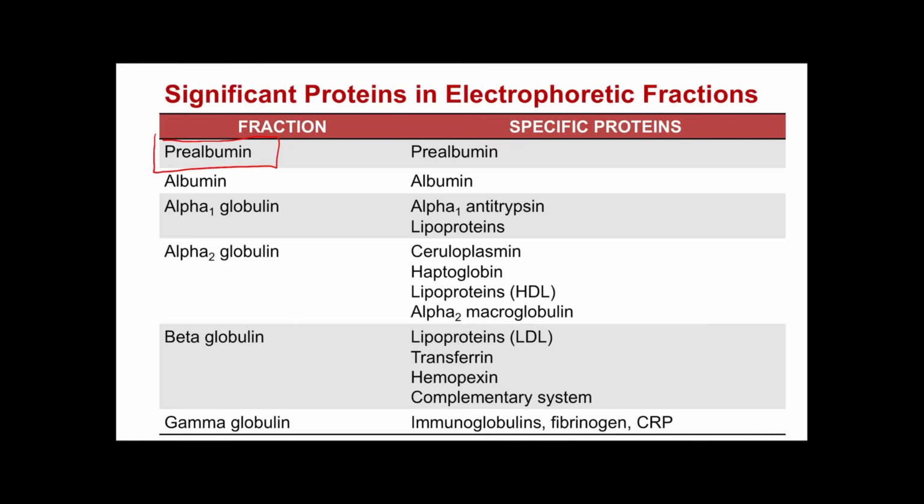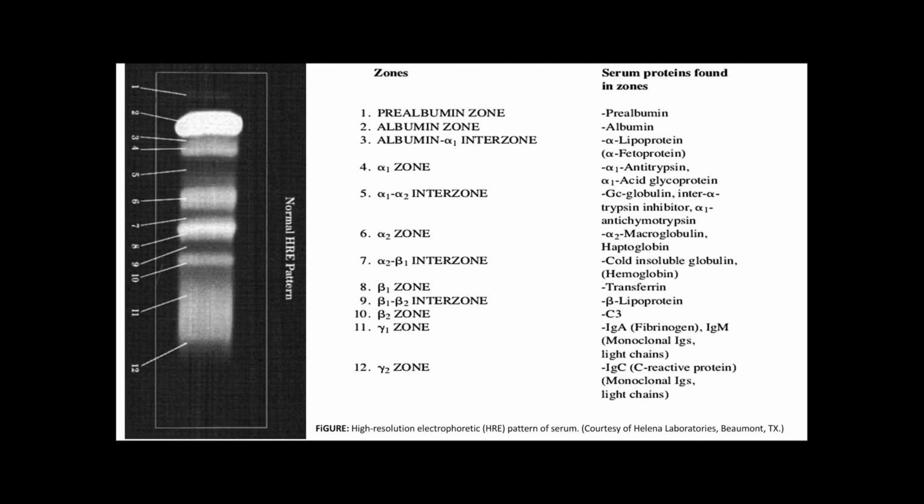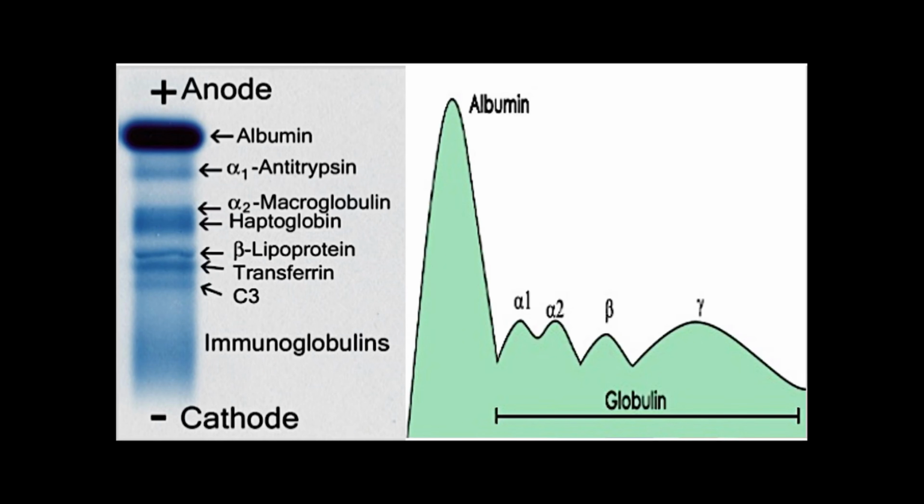This pre-albumin is an indicator of poor protein nutrition, and it is termed pre-albumin because it migrates ahead of the albumin. Next, we also have the detailed list of the zones and the fractions of proteins found in each zone.